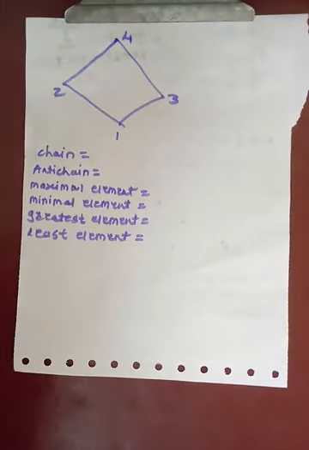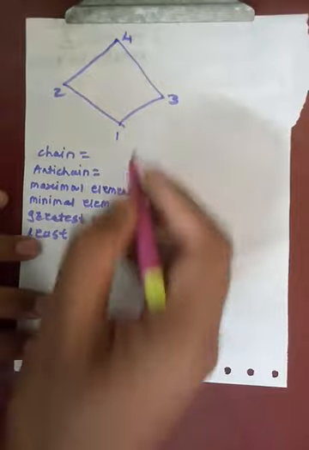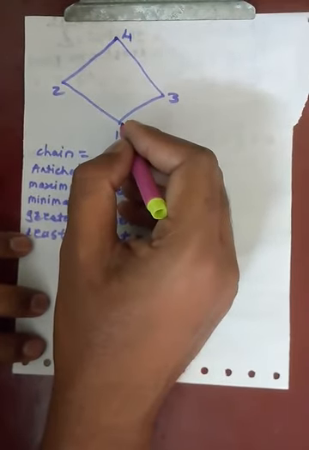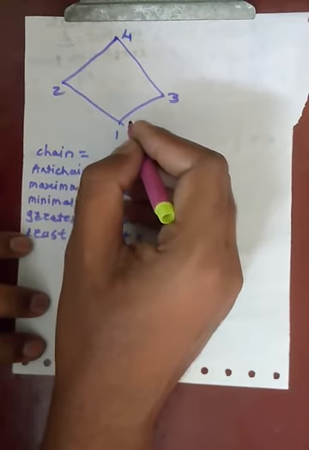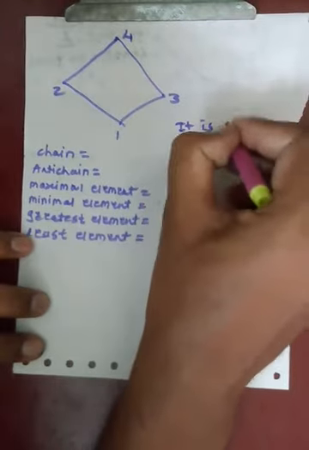Now consider one more example. In that diagram it is a lattice, because every pair has a least upper bound and greatest lower bound, so it is a lattice.